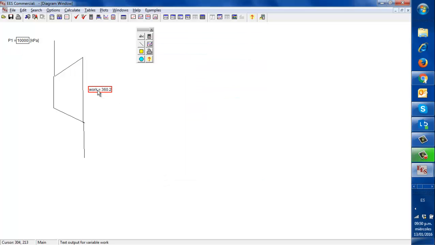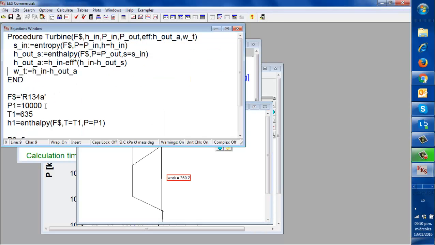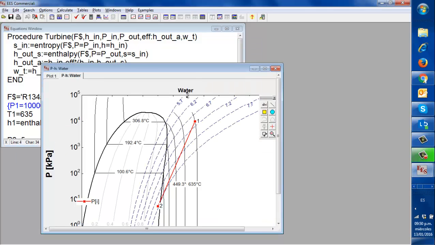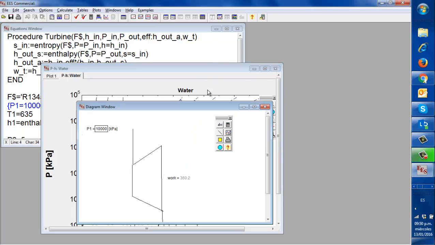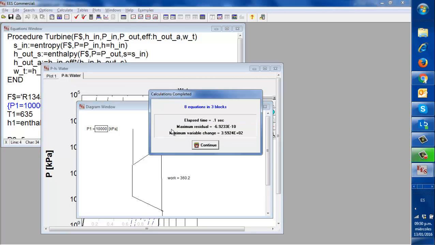In order for this to function, I need to put in my equation window the pressure as a comment. And now, in my diagram, I can put a calculator here, and then calculate, and solve it.